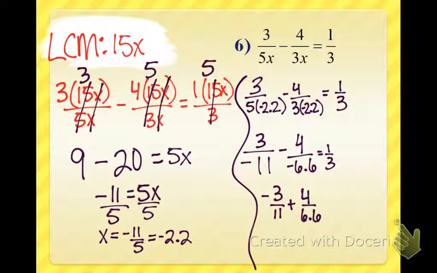-3 over 11 plus 4 over 6.6. If you're trying to enter it all at once, I would put your fractions in parentheses. What do we end up getting now? Now, with a little calculator work, you should get 1/3 out of this.